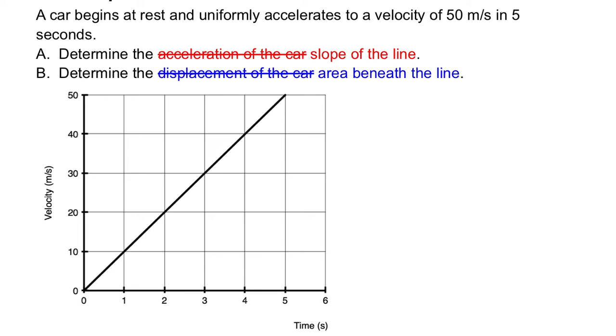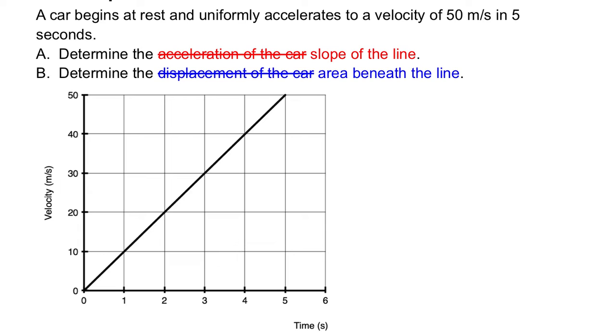Now let's talk about solving for displacement. The displacement of an object during its travel can be obtained by finding the area beneath the curve on a velocity graph. Here we have a triangle to work with.